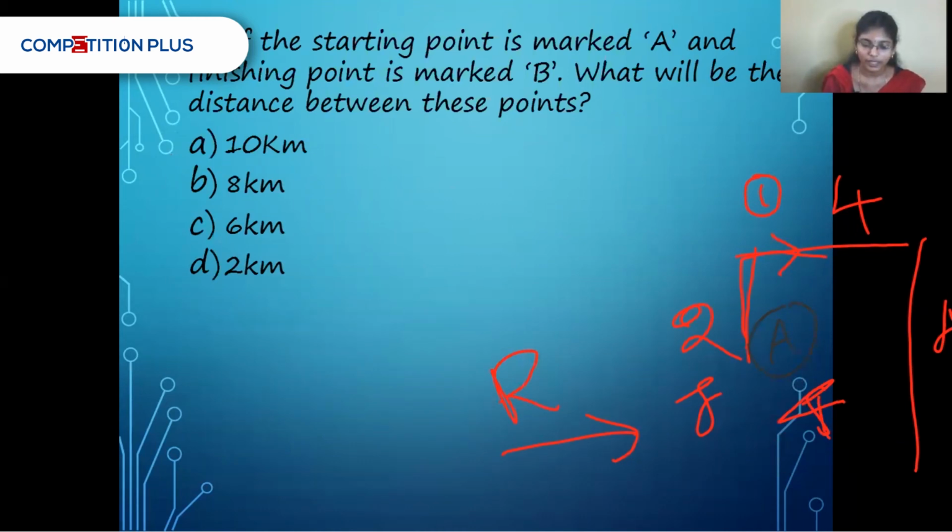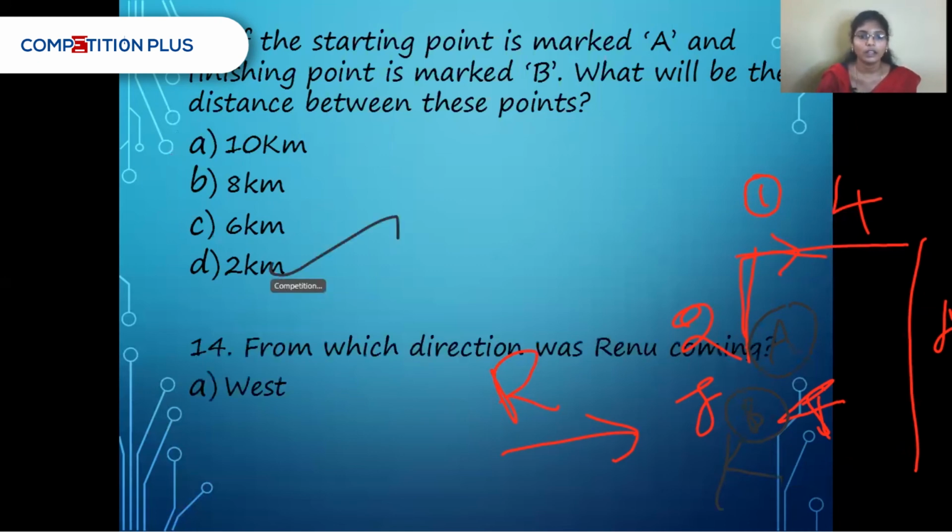If that is marked as B, what will be the distance between A and B? Obviously, the journey of Joe and Renu represents a rectangle, and the missing distance, the difference between A and B, is 2 kilometers.